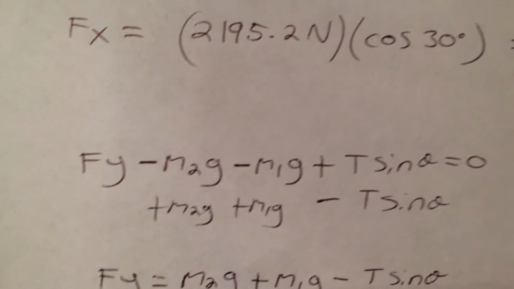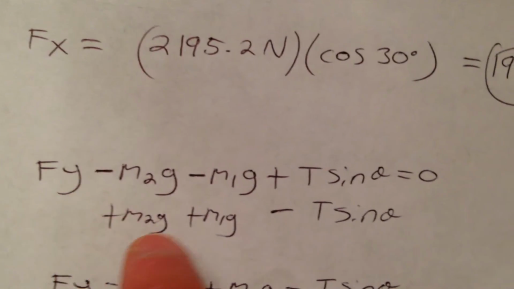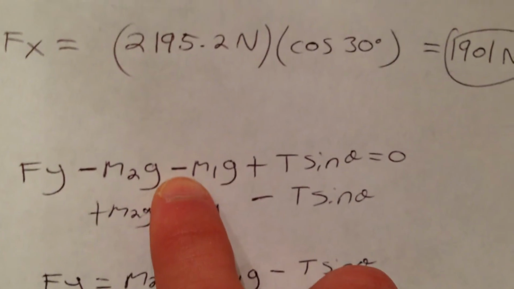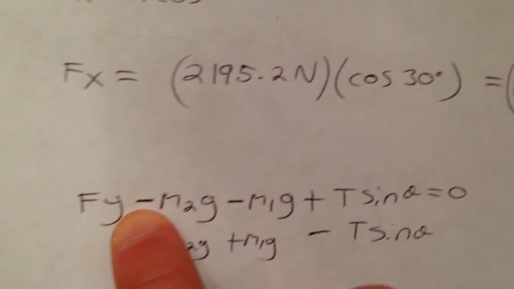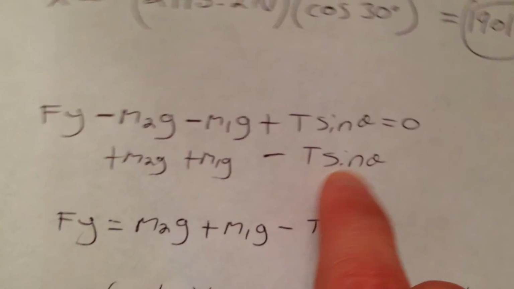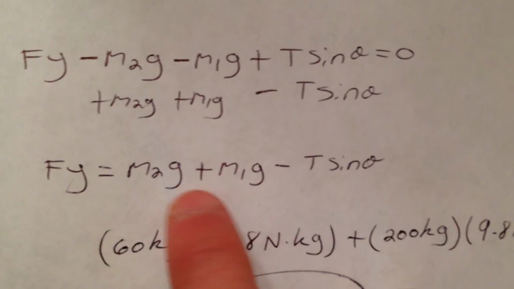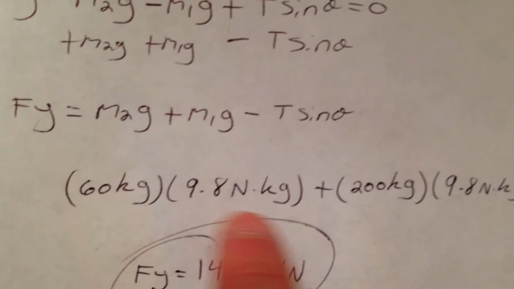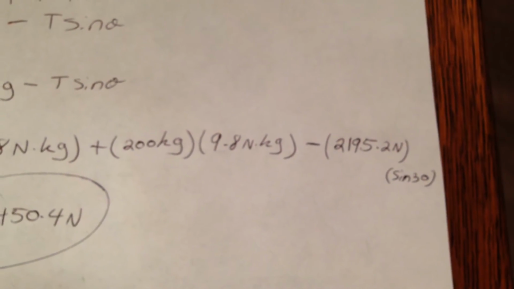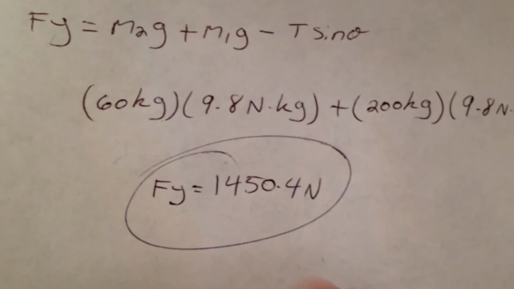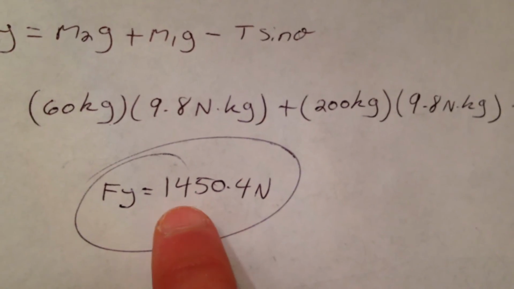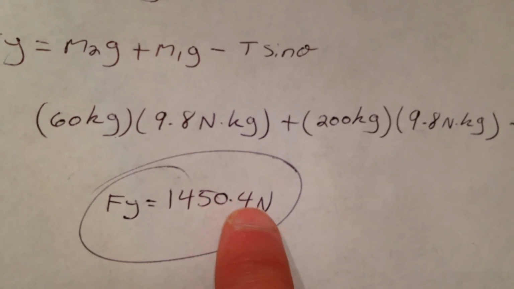And then for the y component of the force, again, I'm just isolating the y component of the force, and I'm moving everything over to the other side. It basically just changes signs, and this is the math for it. And the y component of the force is 1,450.4 newtons.